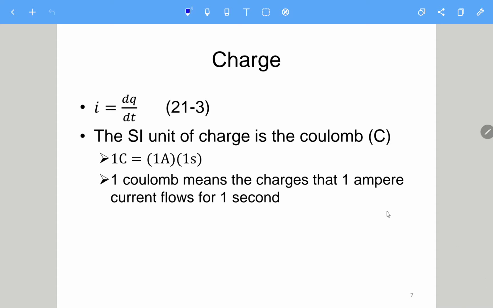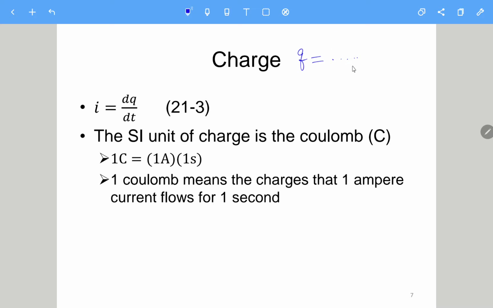Okay. So here, this is the definition of the charge. Usually, when we try to define something, for example charge is Q, you write it as Q equals something.